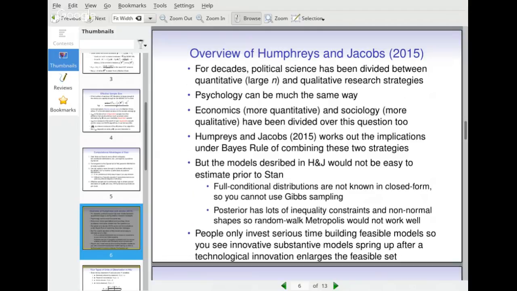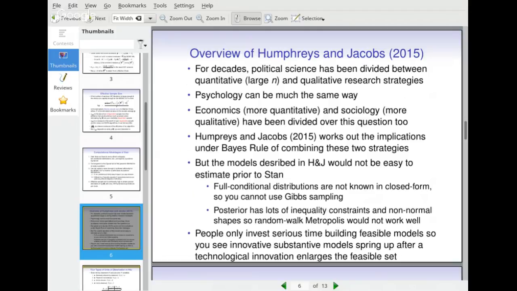And within that set of, let's say, N observations, there's some subset where you go more in depth and do qualitative research on those to augment the data that you have, at least for some of the observations. And they work out the implications of that, and explain how to do it in the context of political science.